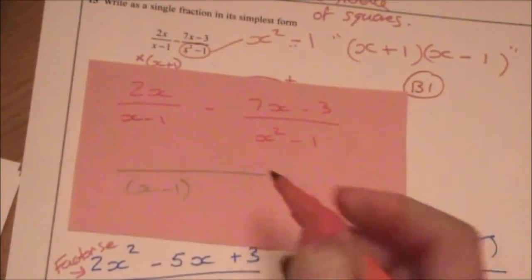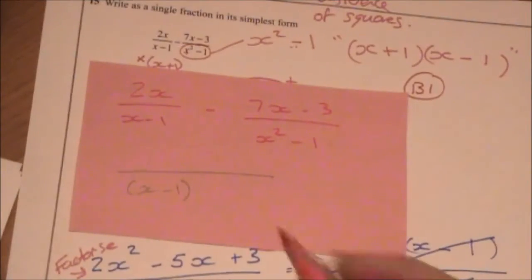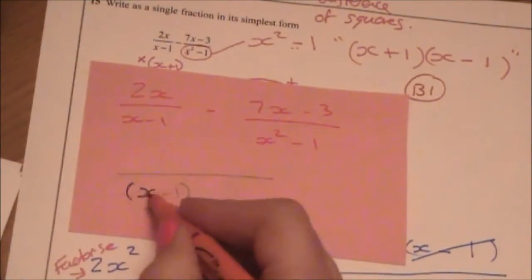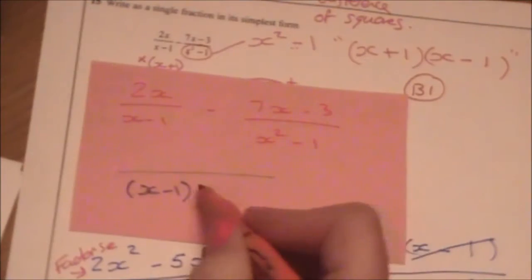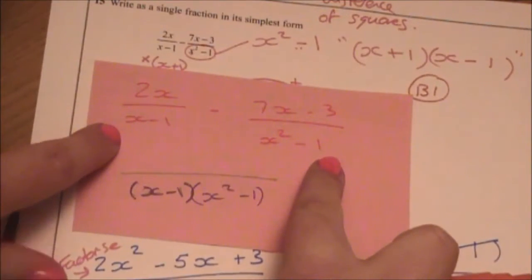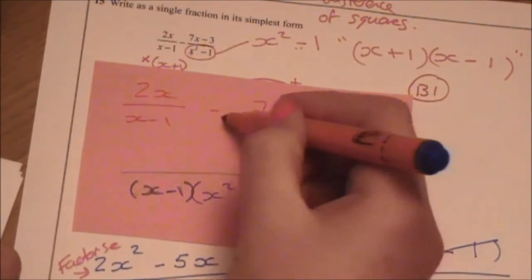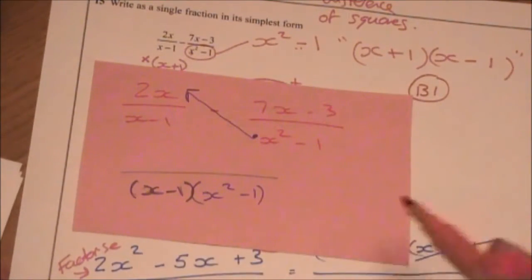Let me get a darker pen. I'm going to make my denominators into x minus 1, x squared minus 1, because that's the two denominators times together. Then I'm going to take the bottom of this one and multiply it up there.